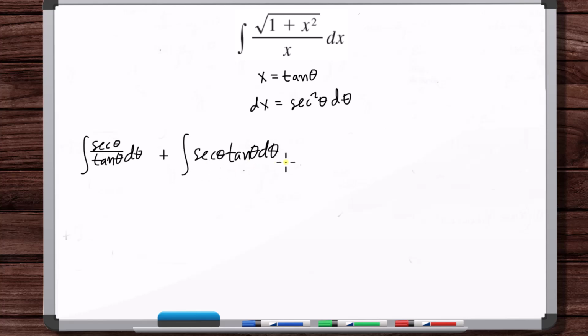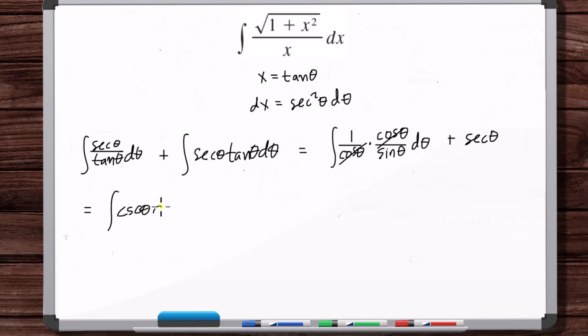So this integral is secant theta, right? So we've got, well, all right, we're going to need to simplify this here. So secant theta is 1 over cosine theta. Tangent theta is sine theta over cosine theta. But tangent's in the denominator. Okay, plus, and then this is secant theta. Okay, so we've got 1 over sine theta is cosecant theta.